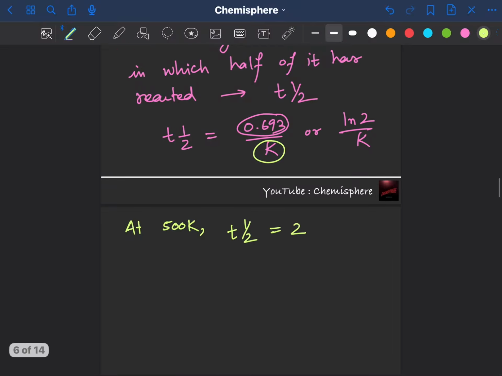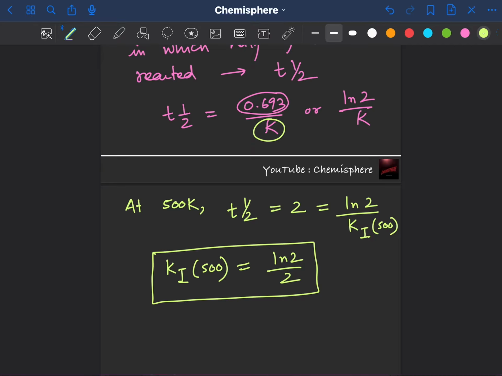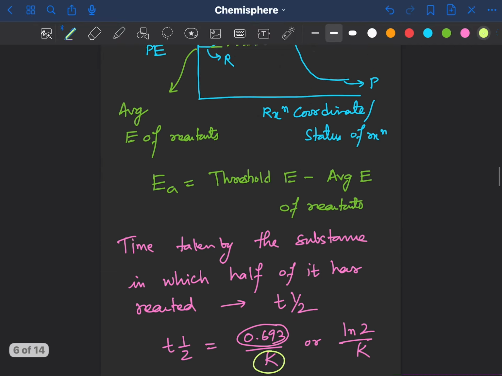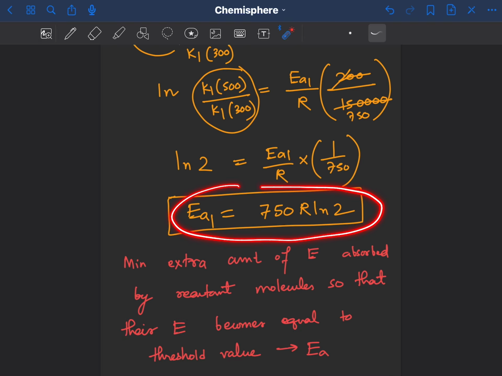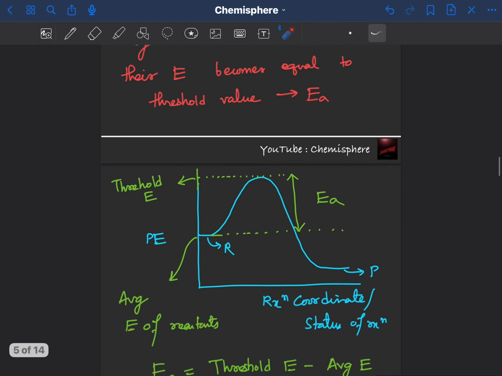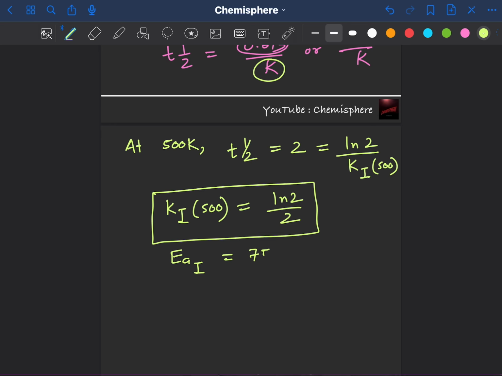So therefore I can write K1 at 500 is equal to ln2 by 2. Okay, so this is an important detail. And we have found the activation energy of the first reaction, that is 750 R ln2. Okay, so let's write that down. We know that the activation energy of the first reaction is 750 R ln2.